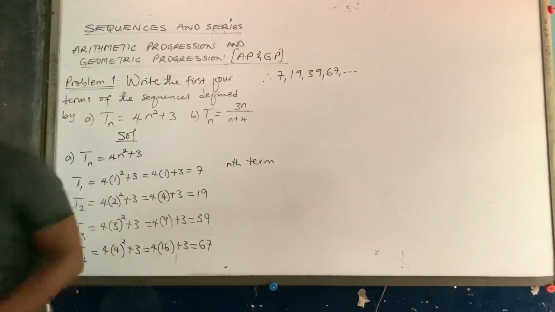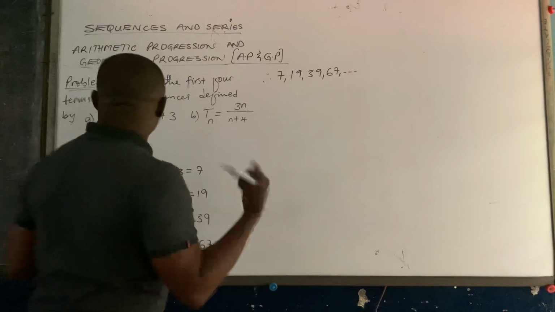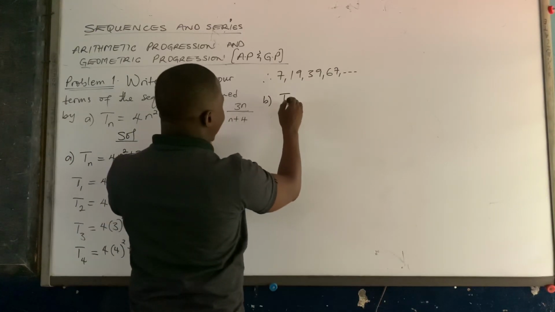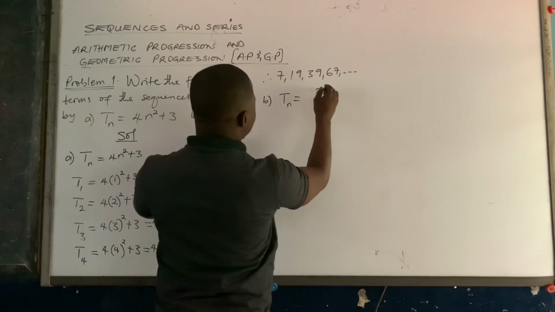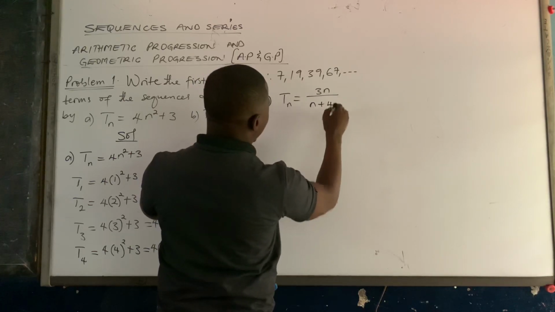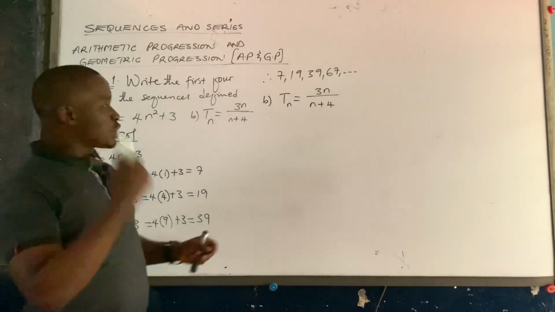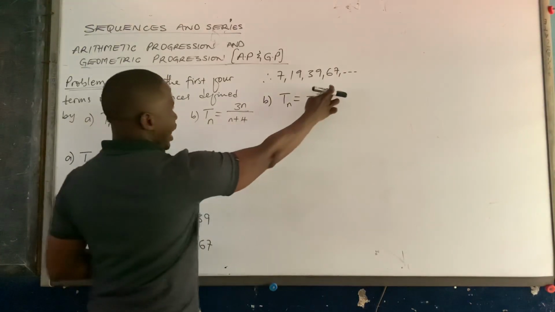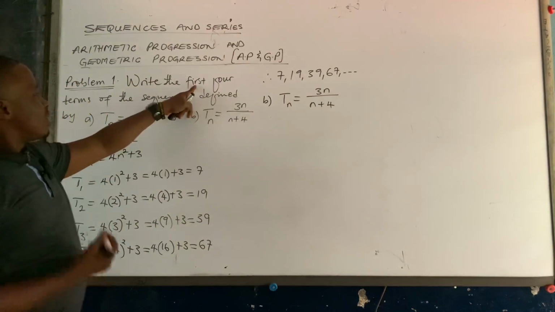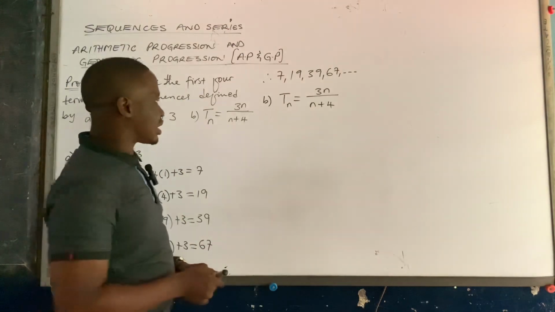Alright, so we are done with the first part of the question. So we go to the B part. This time around, the nth term is 3n over n plus 4. So there is a particular sequence whose general term is 3n over n plus 4. The question requires us to write the first 4 terms of that sequence.